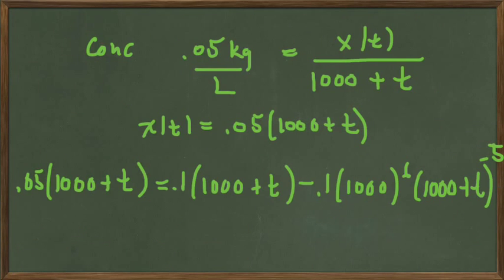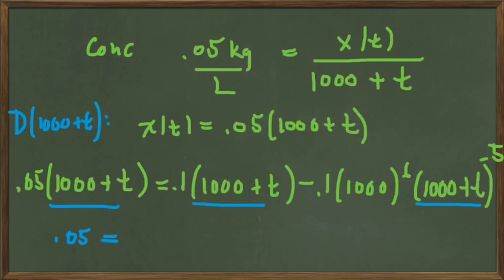And so this could be a very difficult problem to solve with powers of t spread across 3 different terms, but it turns out that each time t appears, it appears as 1000 plus t, albeit to different powers, so we can divide through by 1000 plus t. So we're going to divide every term on both sides by 1000 plus t, and that simplifies things quite a bit.